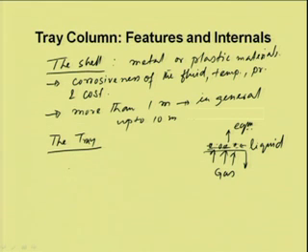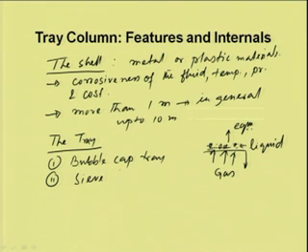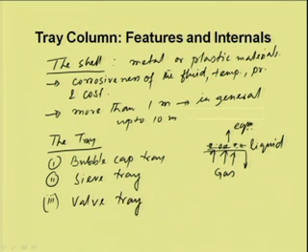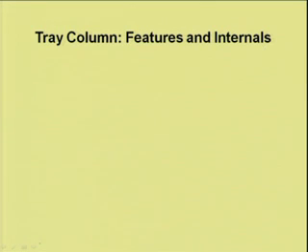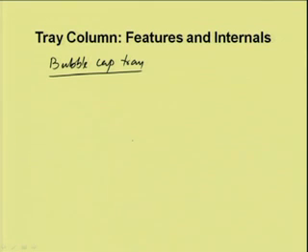So, there are different types of trays used. One is the bubble cap tray, the second type is the sieve tray, and the third one is the valve tray. The bubble cap tray has two parts.